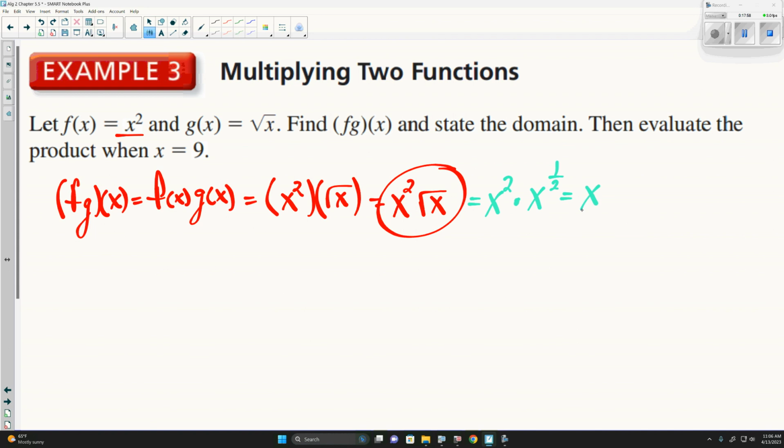The reason they're doing this is because when we multiply like bases, we can add the exponents, which will tell us that we have x to the 5 halves. Well, x to the 5 halves is the exact same thing as x squared times the square root of x. They are the same exact function.